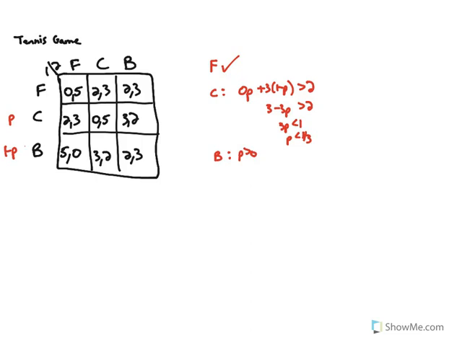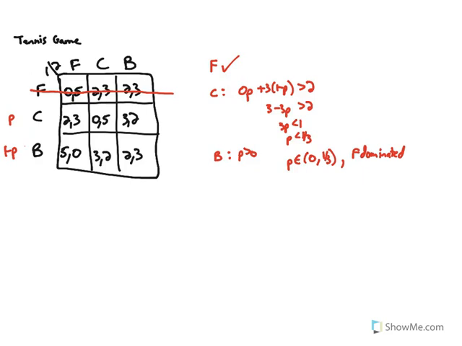So does there exist a mixture where P is greater than 0 and P less than a third? Well, sure. So as long as P is greater than 0 but less than a third, F is dominated. Okay? So F is relatively easily found to be dominated by a combination of B and C. So player 1 is never going to serve to the forehand.